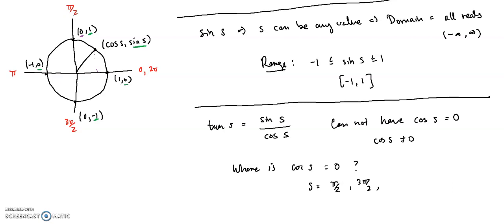So you would add 2 pi to this. What would that be? 5 pi over 2. And then again over here at 7 pi over 2. And so on. We could keep adding 2 pi to these. And then we could also subtract 2 pi from them because we would have all of the other ones.